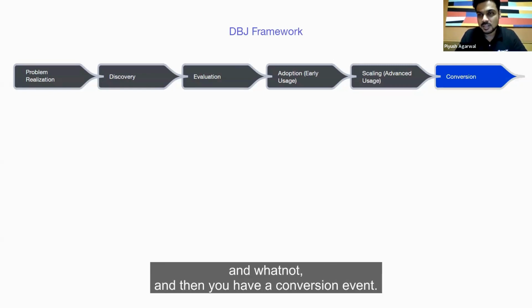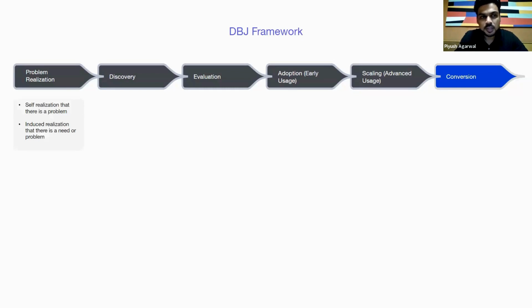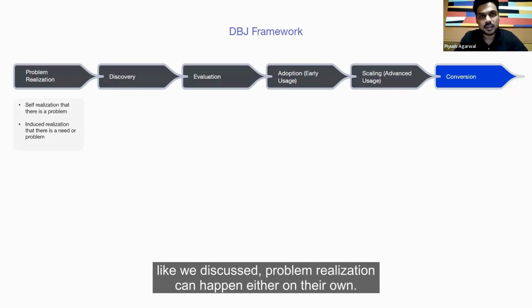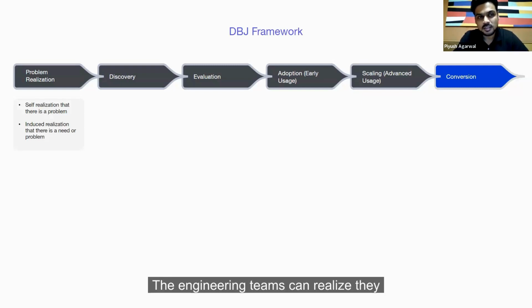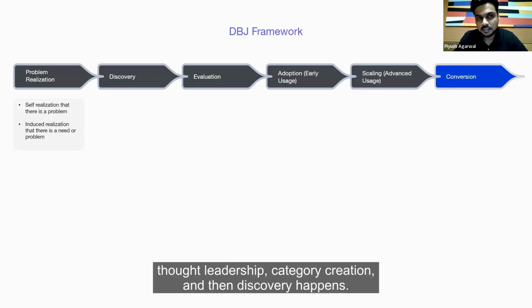And then you have a conversion event. So again, this journey can differ, but this is a broad framework to think about it. If we go in depth for each of these stages, like we discussed, problem realization can happen either on their own, the engineering teams can realize they have a problem, or it can be induced through a lot of content, thought leadership, category creation, and then discovery happens.